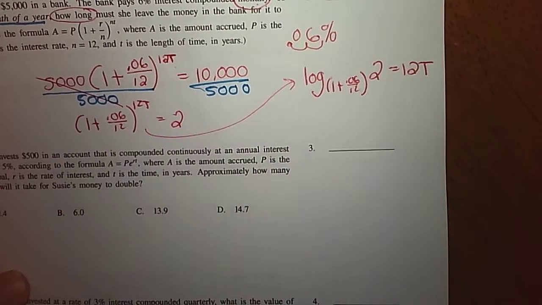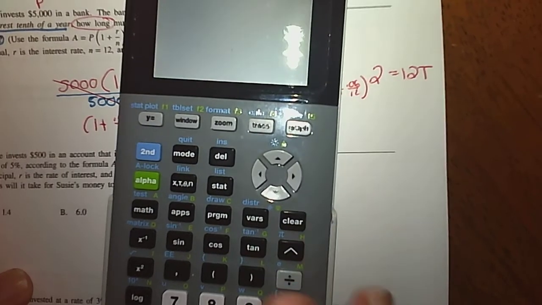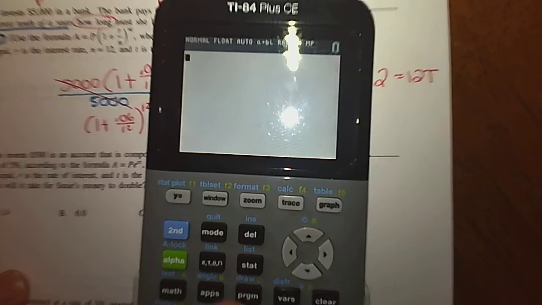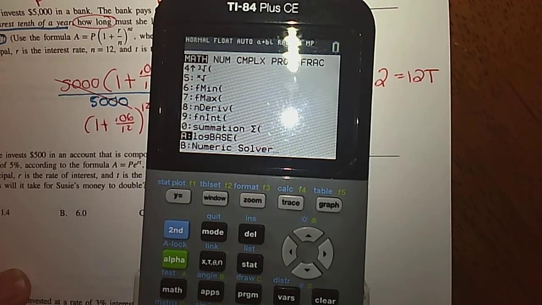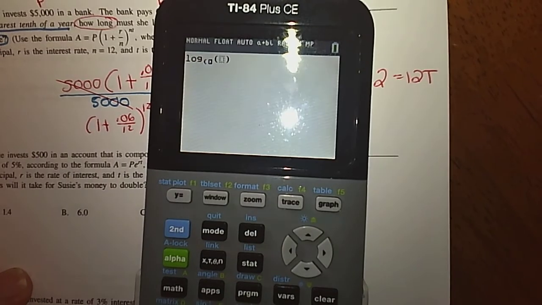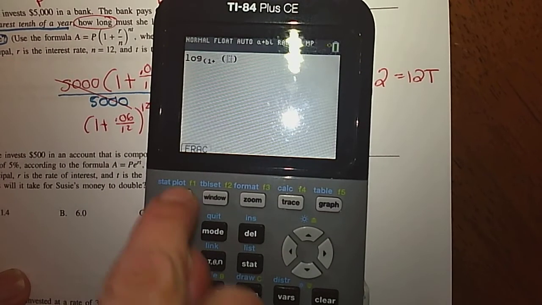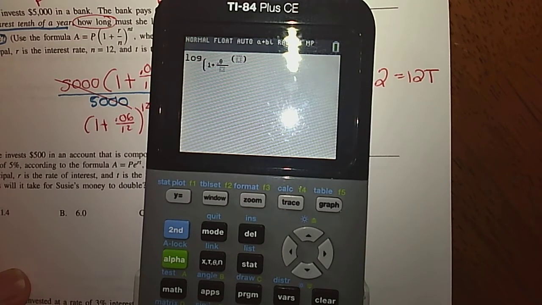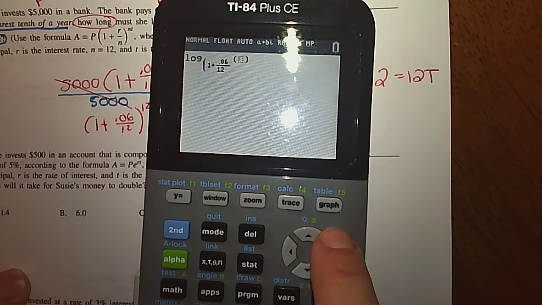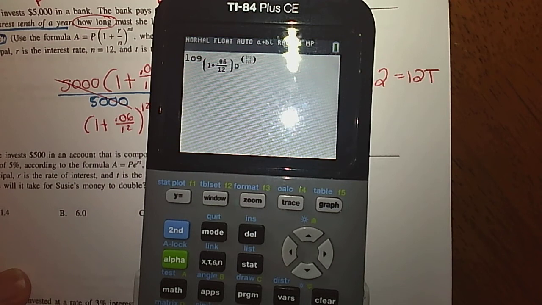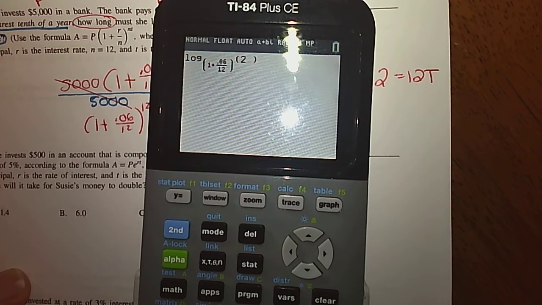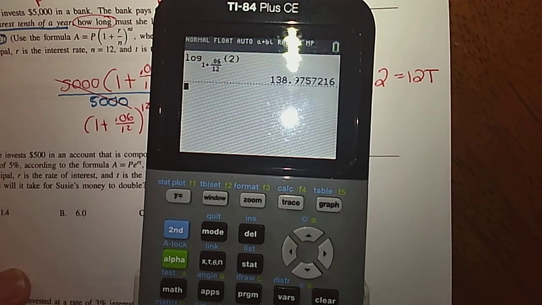Now I'm going to put this into my calculator. Where's my calculator? I'm going to hit the math button, scroll up to the log base, with the parentheses 1 plus 0.06 over 12, there's a parenthesis, and put the 2 there.